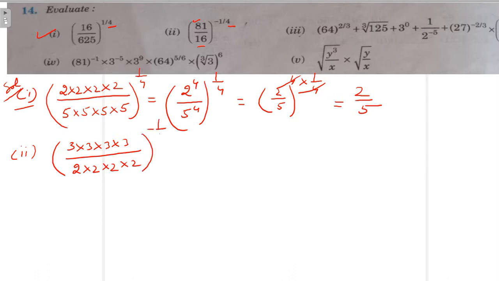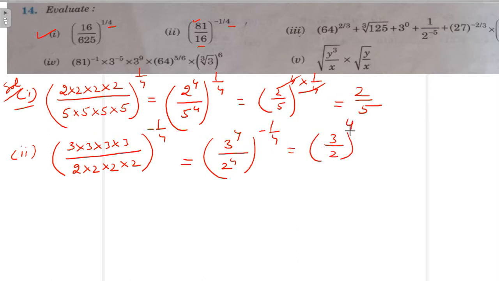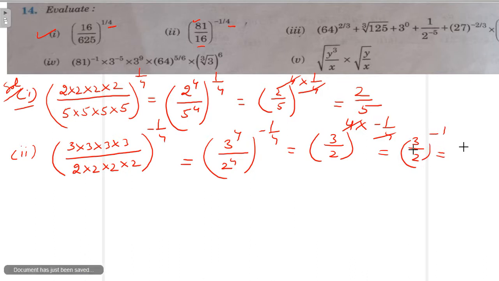So now it becomes 3 raised to power 4 upon 2 raised to power 4, whole raised to power minus 1 upon 4. This got cancelled with this. This will become 3 upon 2 raised to power 4 times minus 1 upon 4. So this has become 3 upon 2 raised to power minus 1. If we want to change this into plus, we will reciprocate this. This will become 2 upon 3.